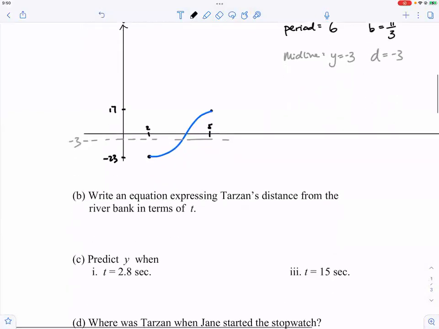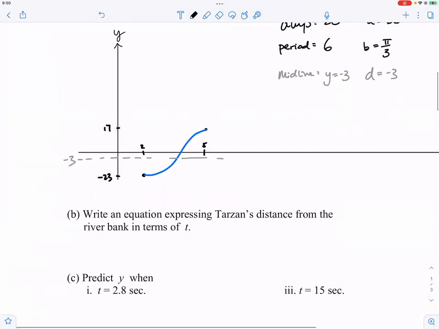It depends on whether you want to use a cosine function or a negative cosine function. So let me consider the cosine function. Cosine function starts at the top. So the peak is right here.